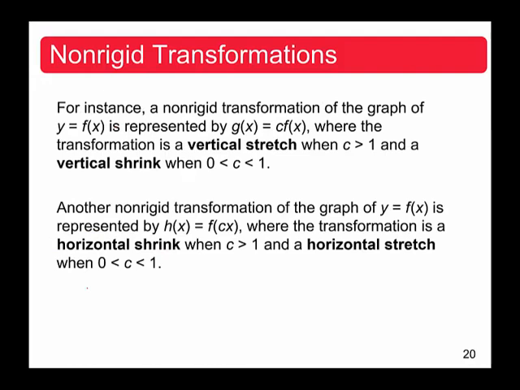So first type is vertical stretch or vertical shrink, vertical distortion. So multiplying the function by c, c times f of x, gives us the vertical distortion.